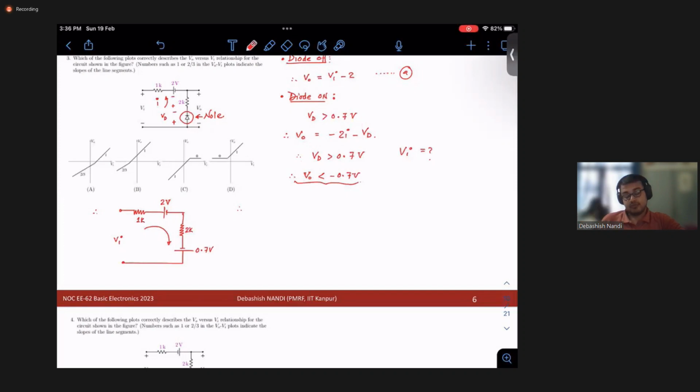No, you are telling the answer, right? Because one end of this diode is at 2, the negative end, okay, if I consider it this way. So to make it forward bias, this should be at least 2.7.